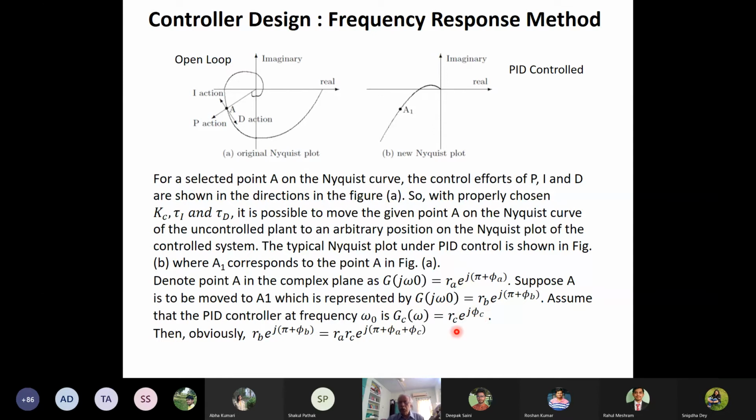If it is so, then it is obvious that this is the frequency response for the control process. So the frequency response for the control process, Rb e to the power j (phi plus phi b), should be equal to Ra into Rc e to the power j (phi plus phi a plus phi c), from the property of the frequency response.